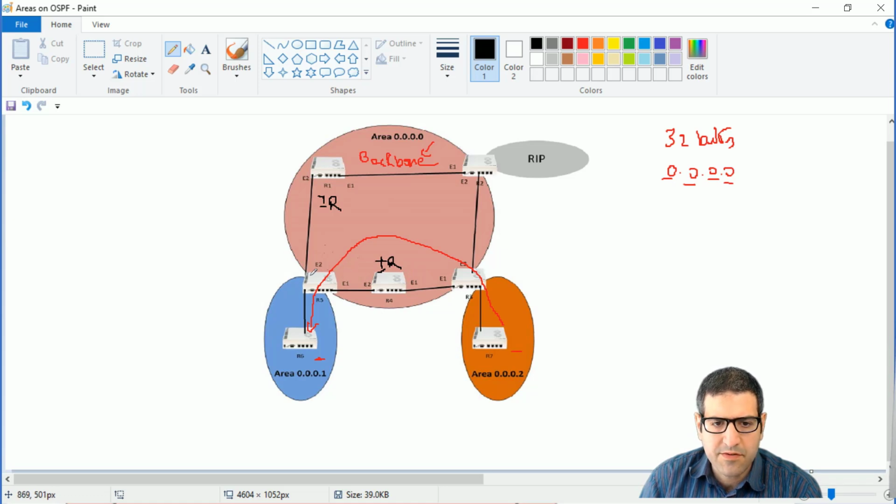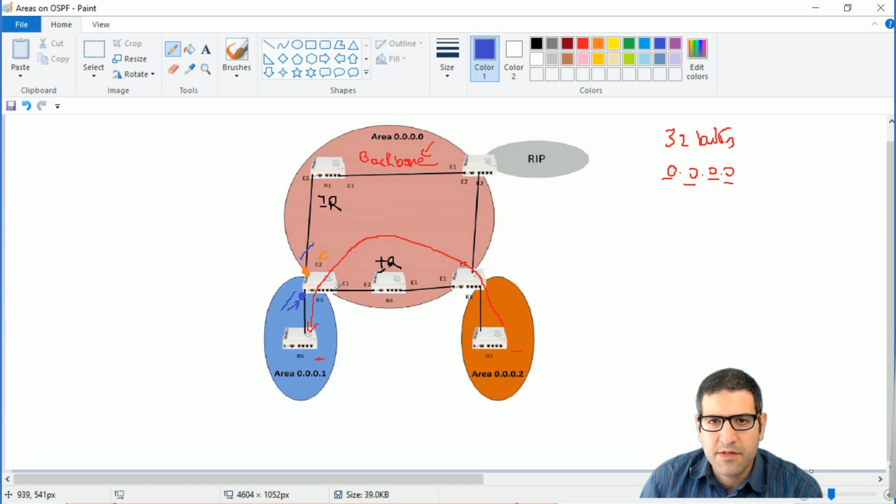You can see that router 5 has one interface on the backbone area, which is this interface, and router 5 also has another interface on area 0.0.0.1. So it has an interface on the backbone area, and an interface on area 0.0.0.1.